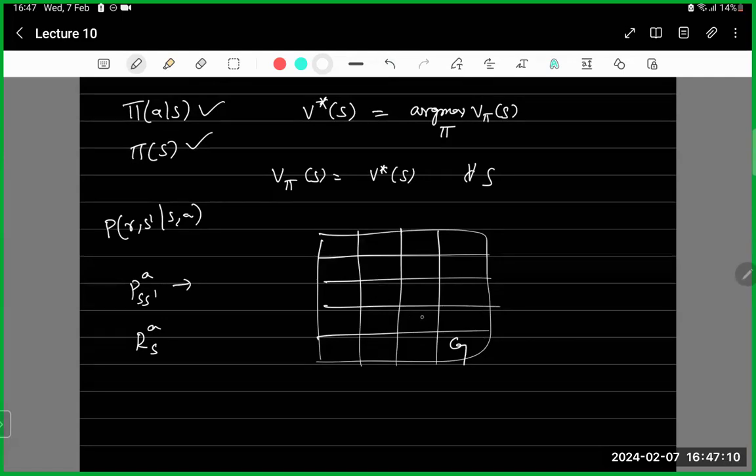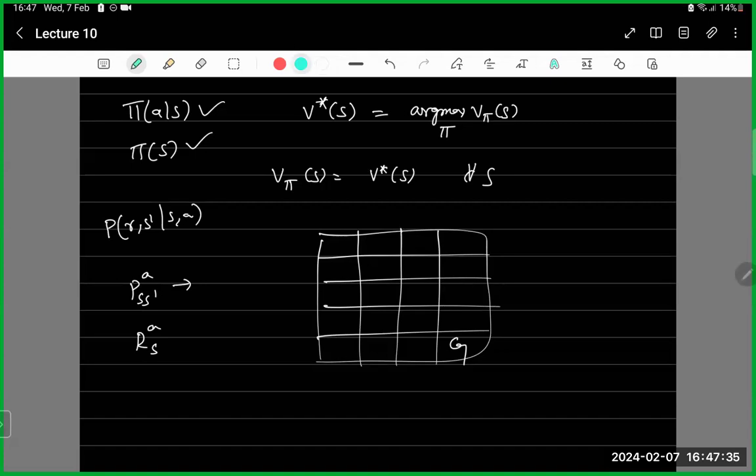If I just care about what a policy is, how can I draw a policy in this? Let's say I'm looking only at deterministic policies. What do deterministic policies mean in this environment? For every state, I have to tell what action to take. That is a deterministic policy, right? A deterministic policy is a mapping from state space to action space.